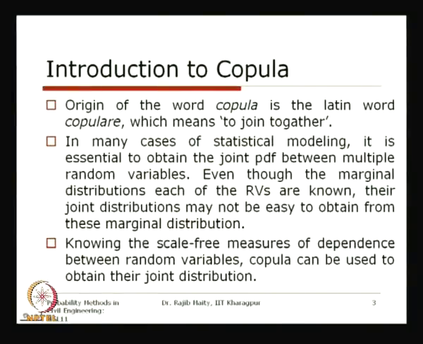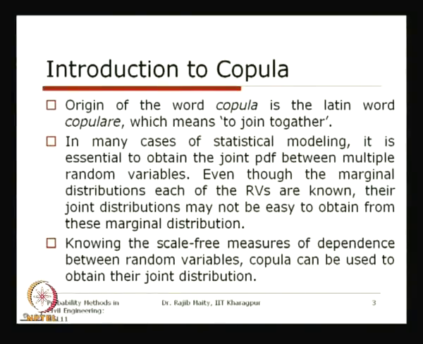So, the scale free measure of dependence means that if we make that type of scale change, then this measure of dependence will not change. Two such measures of dependence that we will discuss in this lecture are Spearman's rho and Kendall's tau, which will come after some time.